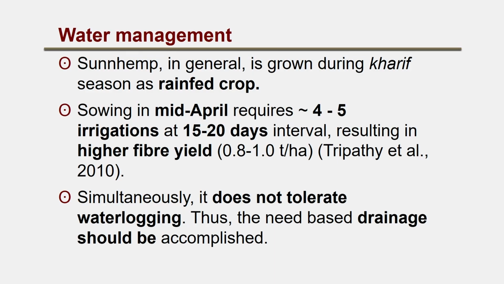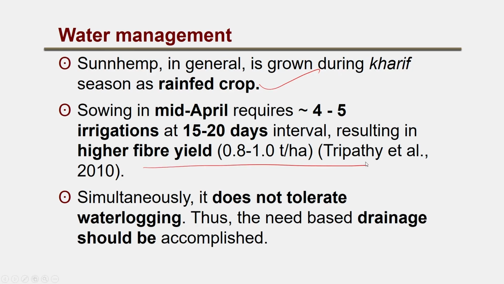Now, after going for nutrient management, let us see the water management aspect in sannhemp crop. Sannhemp crop in general is grown during Kharif season as a rain-fed crop. Sowing in mid-April requires 4 to 5 irrigations at 15 to 20 days interval, resulting in higher fiber yield.